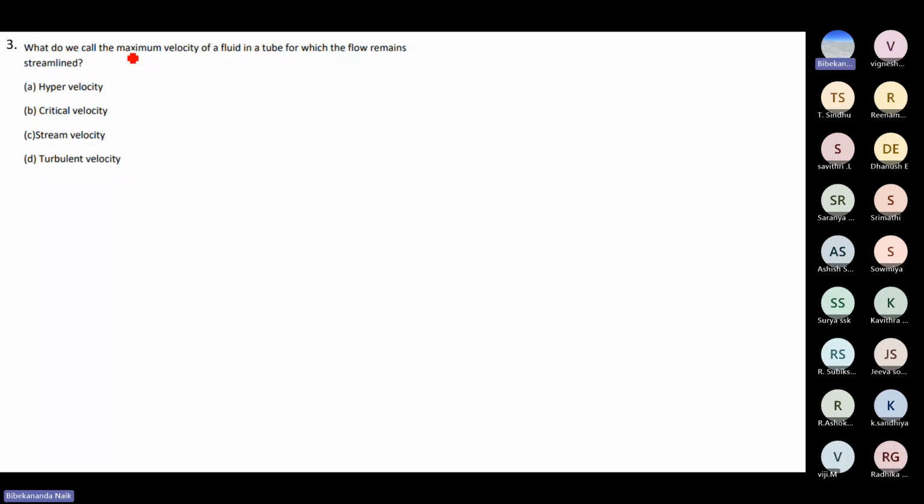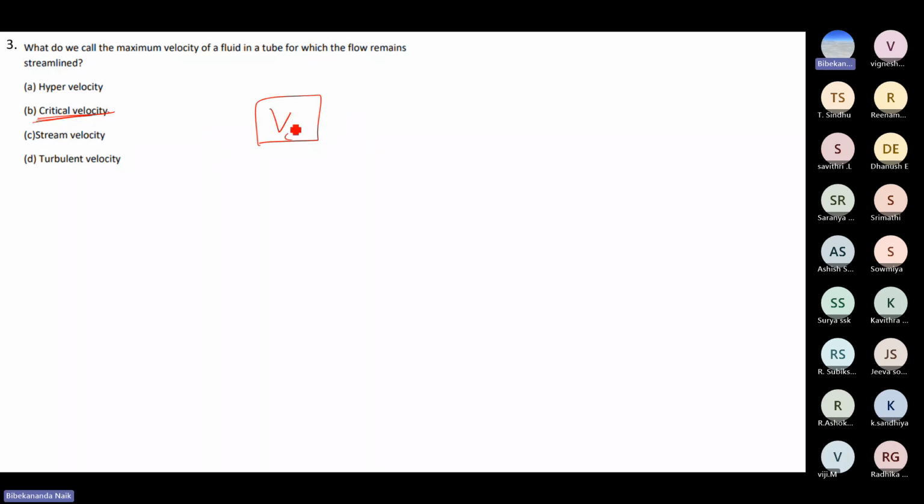The answer will be critical velocity, because this is the maximum velocity of the water when the water is streamlined. So this is the critical velocity, VC, the maximum velocity of fluid in a tube for which the flow remains streamlined.